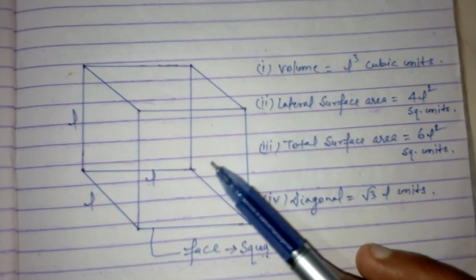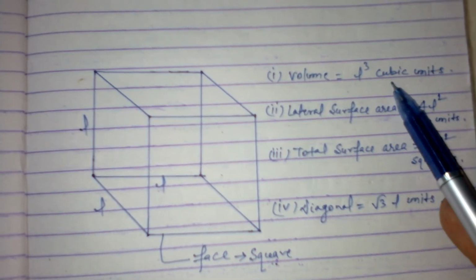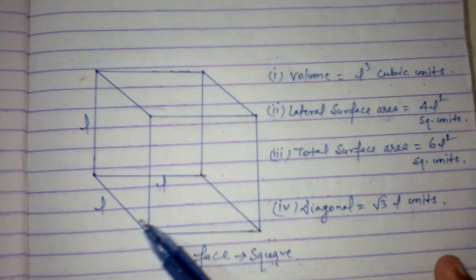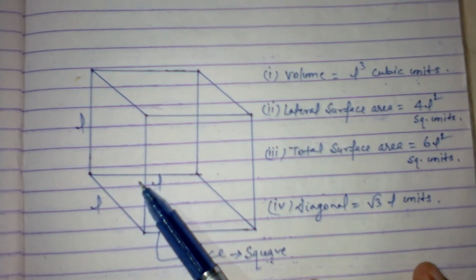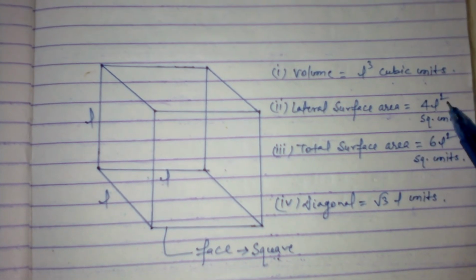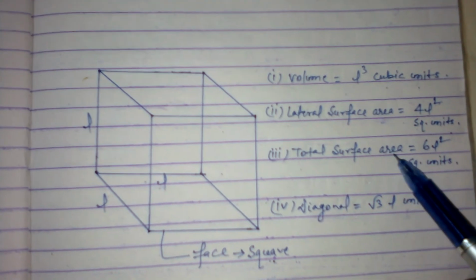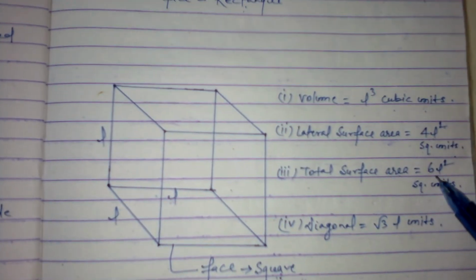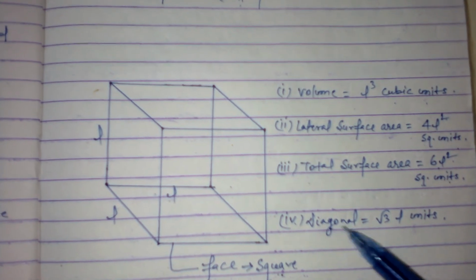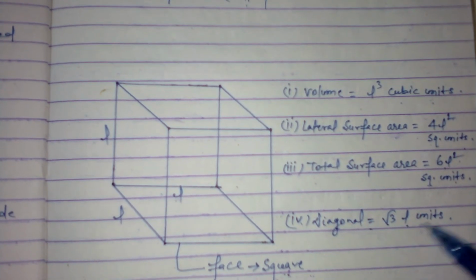Volume of cube is equal to L cube cubic units, where L is the side of the cube. Lateral surface area is equal to 4L square units. Total surface area is 6L square units. Diagonal is equal to root 3 into L units.